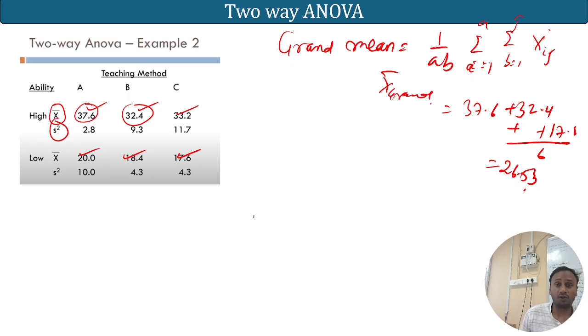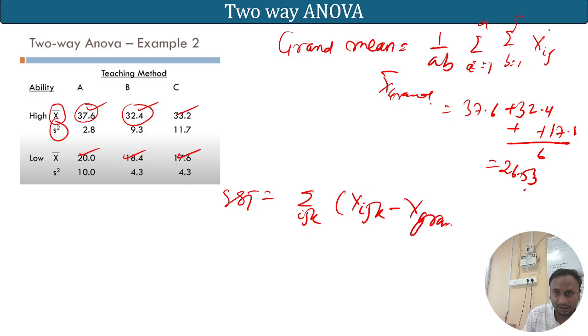So what is the SST formula that we have here? Summation over i, j, k of (x ijk minus x grand) whole square.